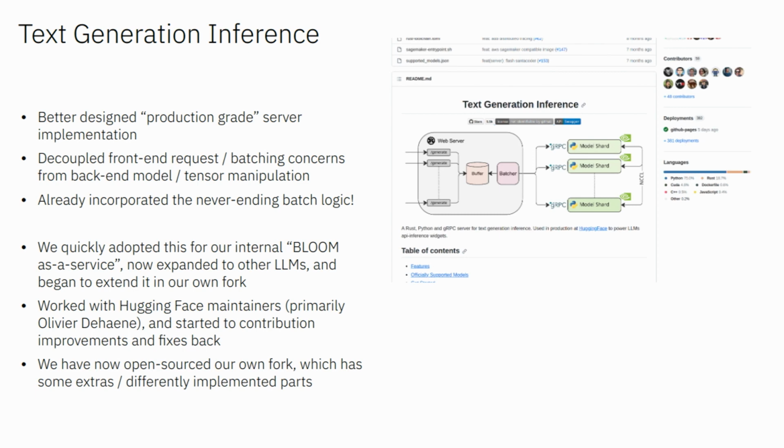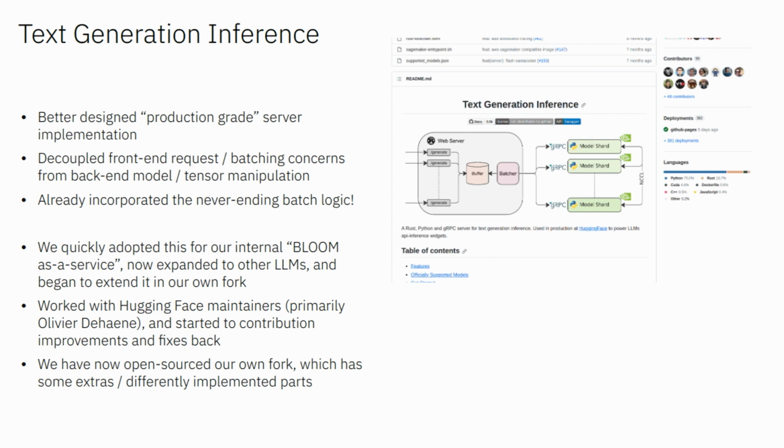Around that time, a new project appeared also from Hugging Face called Text Generation Inference. This was a redesigned, production-grade server based on the same thing, and it had a front end written in Rust, which was decoupled from the back end Python shard processes that actually do the tensor manipulation and run the model.